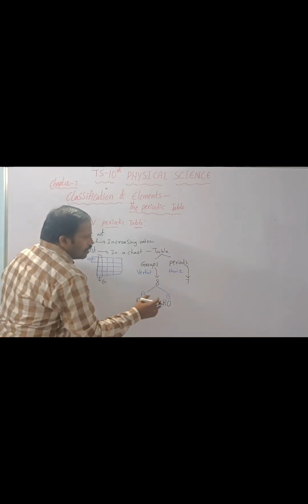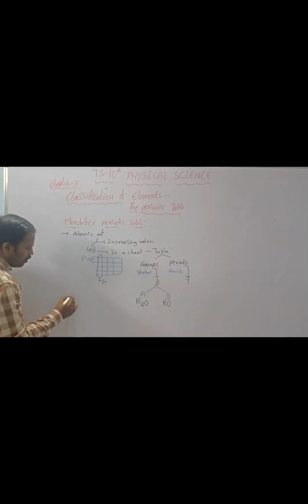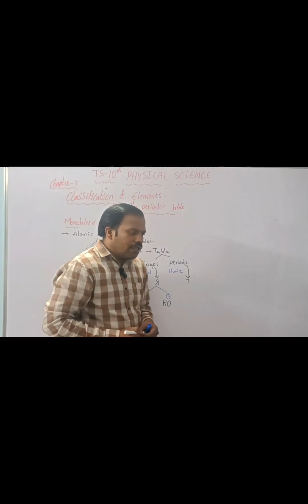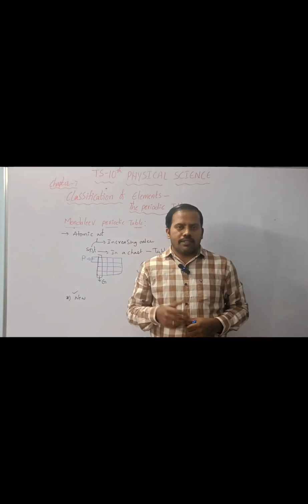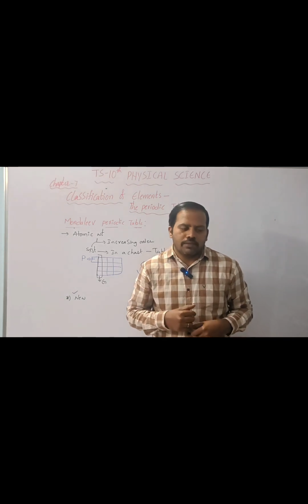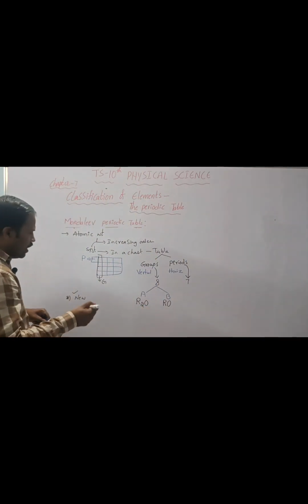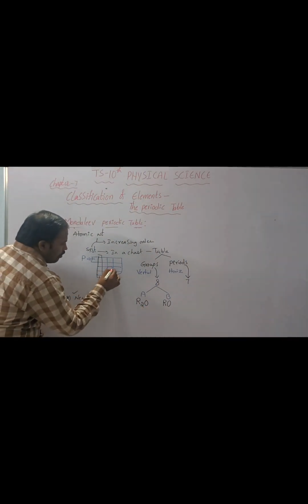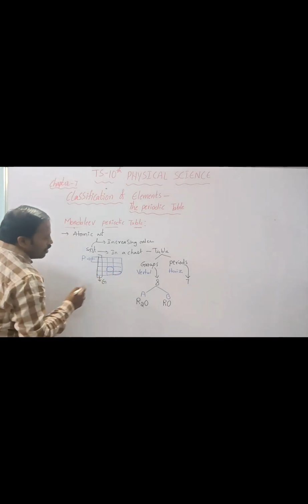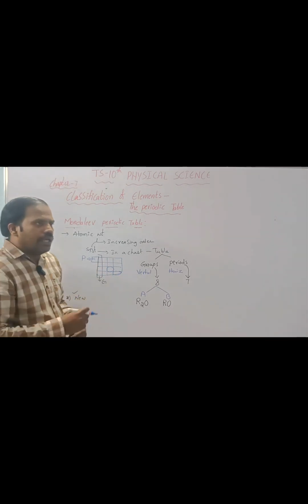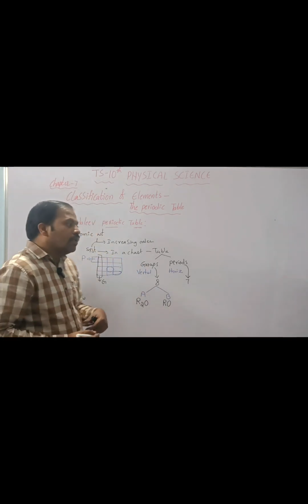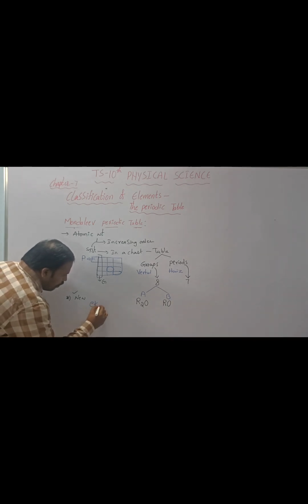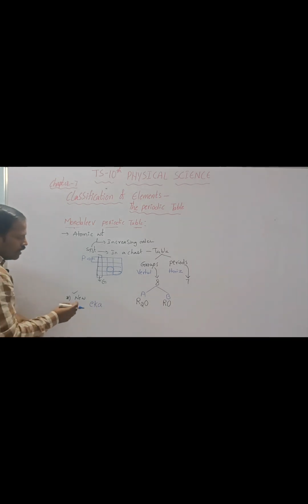By this arrangement he thought that maybe new elements would also be discovered by the next scientists, so he had to leave some space. For example, this is empty and this is also left empty. But he did not leave them simply empty. He thought they should have some names, so he gave them names with eka.